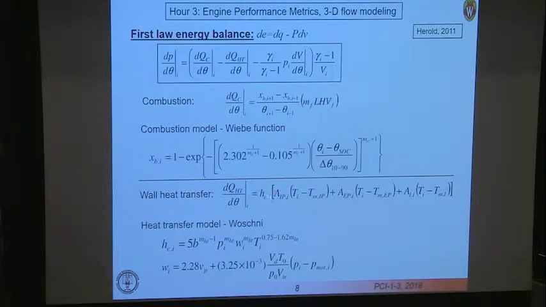How do you get this heat transfer coefficient? Woschni proposed this formula back in the 50s, I think, where basically he said the heat transfer coefficient depends on the bore of the engine. Again, some constants here. The intake pressure, the intake temperature, and then this quantity W, which depends on the piston, the volume, basically, and temperatures, pressures, and then the difference between the motoring pressure and the actual pressure.